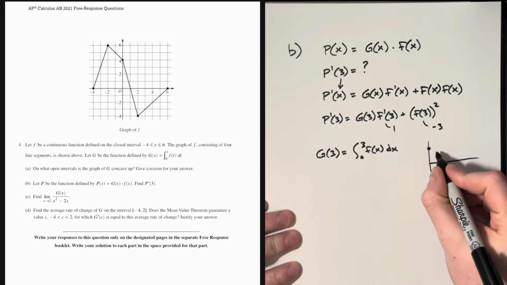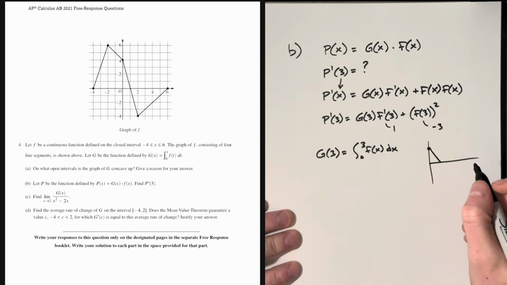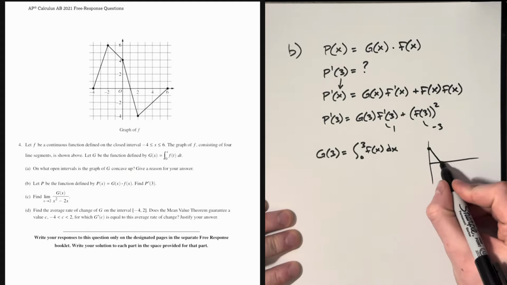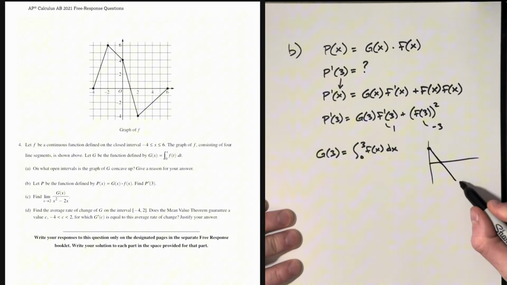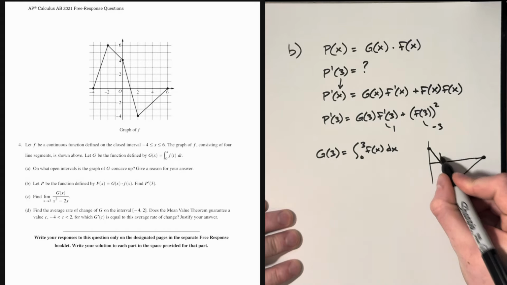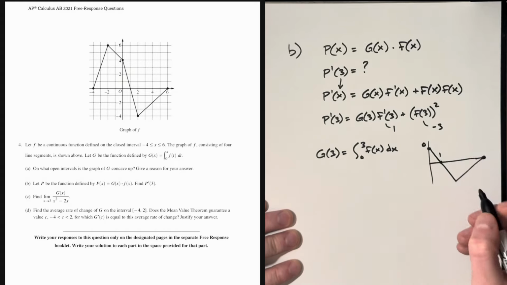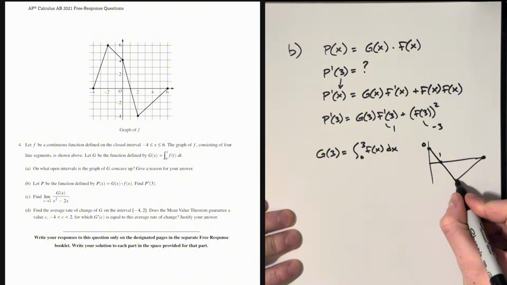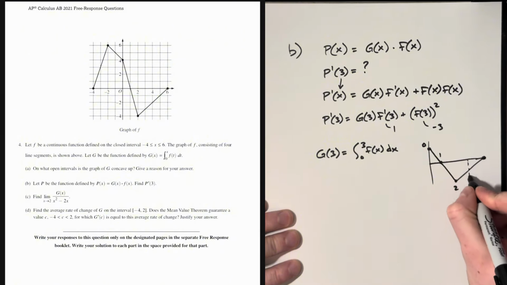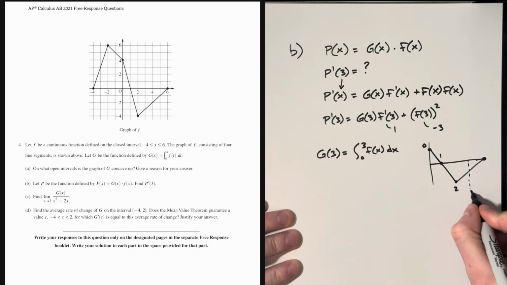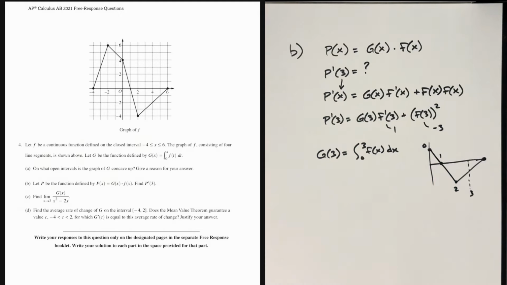So it hits the x-axis right there, kind of goes straight down. That wasn't great. But then it just kind of keeps going straight down, and then it goes off to the side like this. So this is x equals 0, this is x equals 1, this is x equals 2, then x equals 3 is somewhere around there, okay?